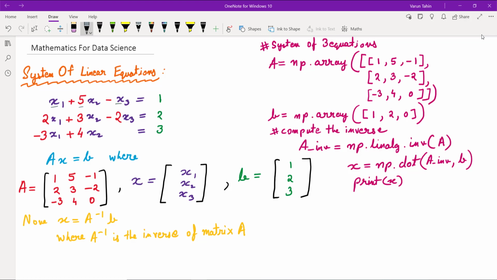So likewise for the other row, in this case it becomes 2, 3 and minus 2, and for the third equation it becomes minus 3, plus 4, and there can be another coefficient for x3 which is 0 x3. So in this case it becomes 0, and therefore we have represented these coefficients with the matrix A.